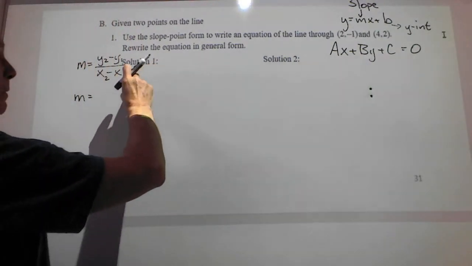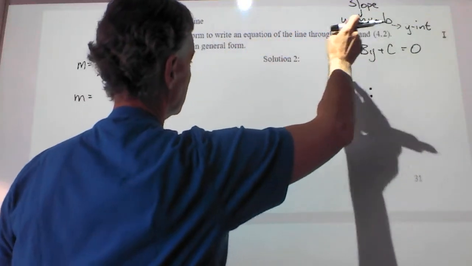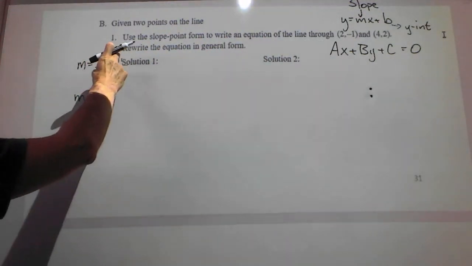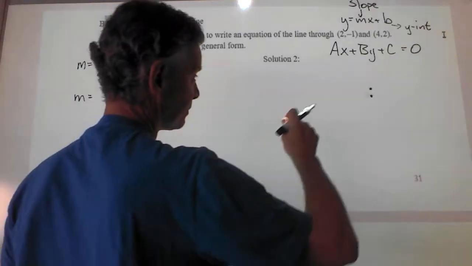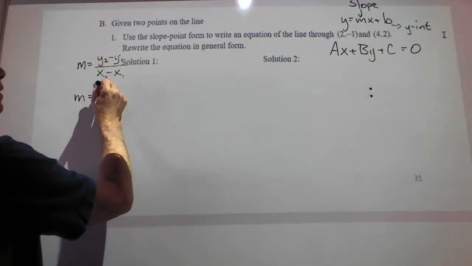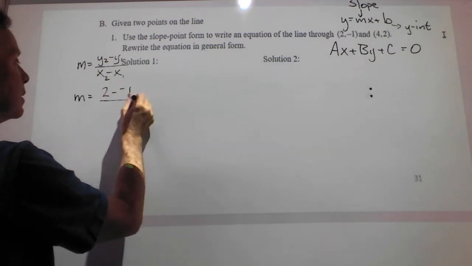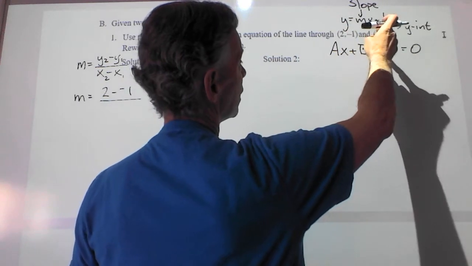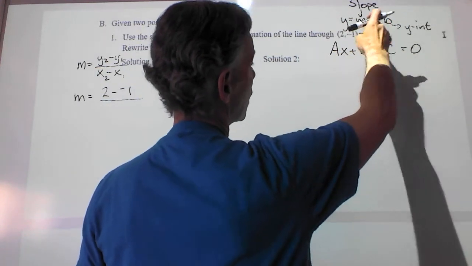First step, use your 2 points to find the slope. So, in this case, our y2 minus y1 would be 2 minus -1. Our x2 minus x1 then becomes 4 minus 2.